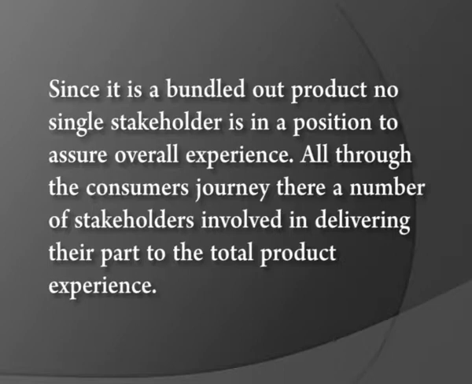Composite in nature. Since it is a bundled product, no single stakeholder is in a position to assure the overall experience. All through the consumer's journey, a number of stakeholders are involved in delivering their part of the total product experience. This substantiates the complex nature of tourism products.